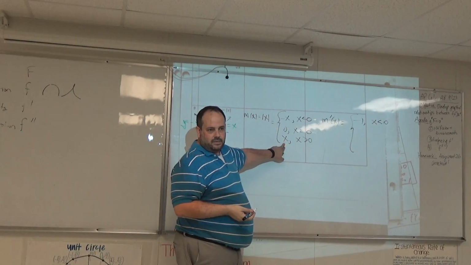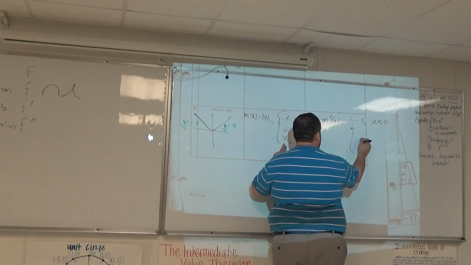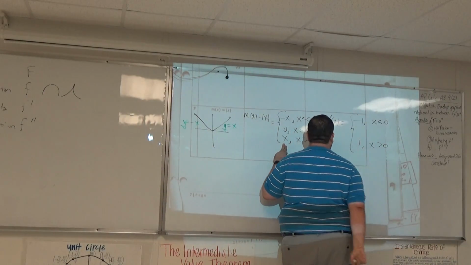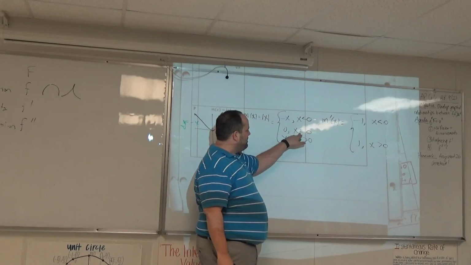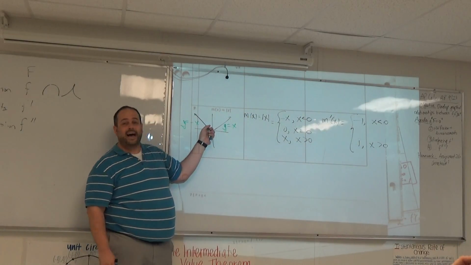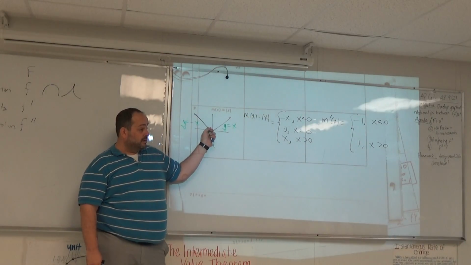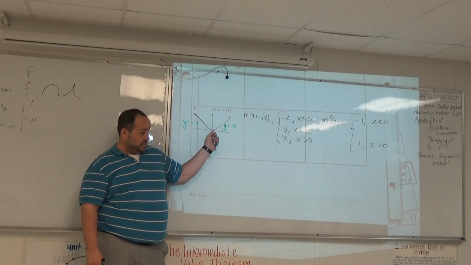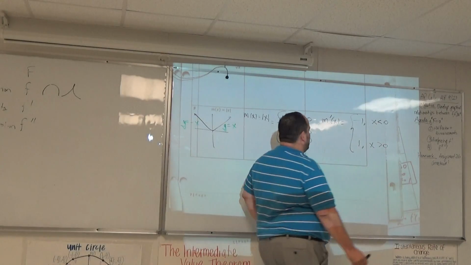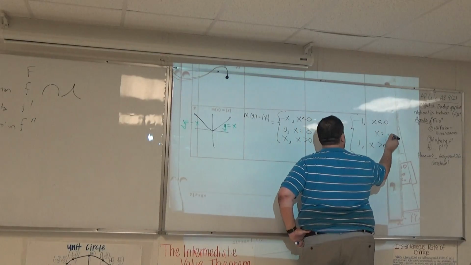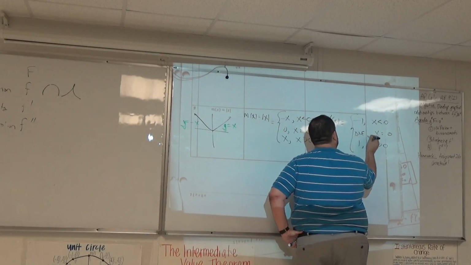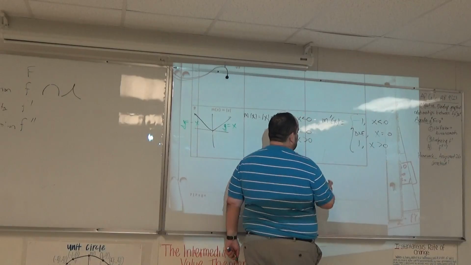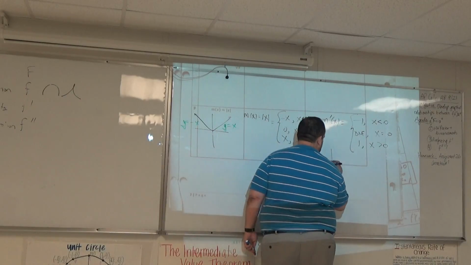The derivative of x is 1 for x greater than 0. Now, what happens at x equals 0 on the graph of m? You have a cusp point, which means that at x equals 0, your derivative does not exist. So what I would need is a graph, and you guys know the story.